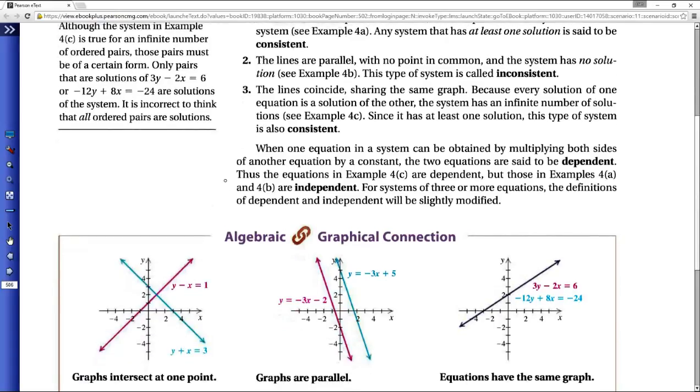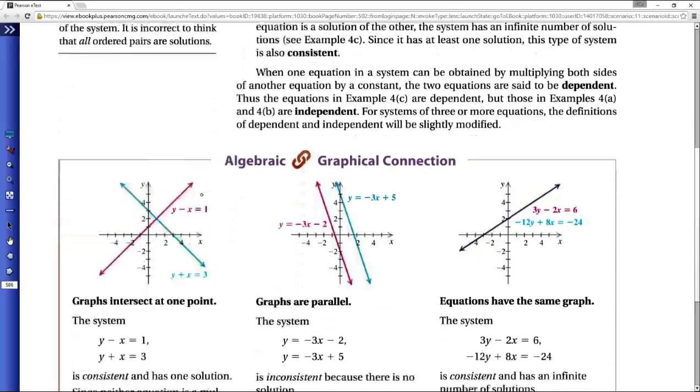When one equation in a system can be attained by multiplying both sides of the equation by a constant, the two equations are said to be dependent. Thus, the equations in example 4c are dependent, and those in 4a and b are independent. For systems of three or more equations, the definitions of dependent will slightly modify.